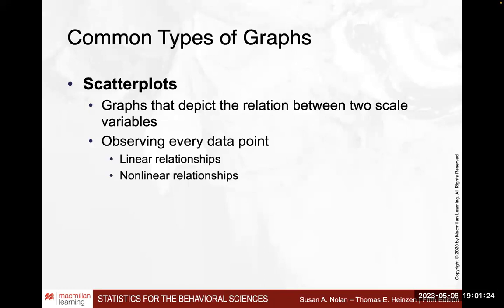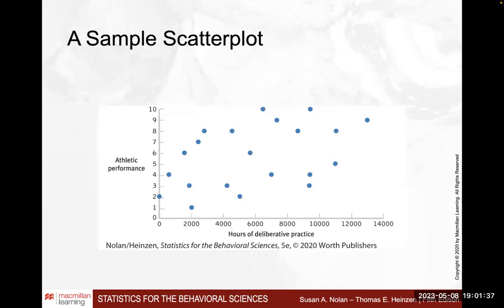And if it's nonlinear, then maybe don't opt for a Pearson correlation coefficient. So know the distinction between linear and nonlinear relationships. Know how to read them and see the pattern of association here.